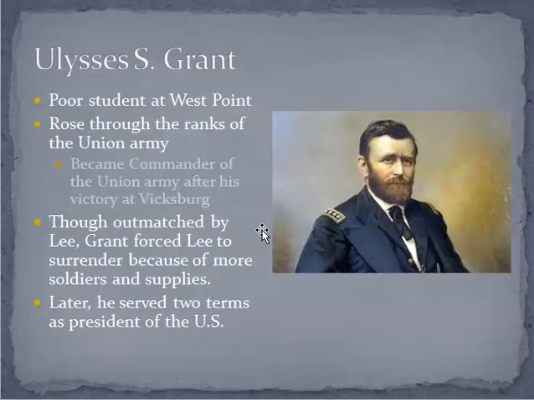And though he was generally outmatched by Robert E. Lee, Grant eventually forced Lee to surrender because Grant had the advantage of having more soldiers and supplies at his disposal. So he became this great war hero, and he used that celebrity status to rise his way to eventually becoming a president of the United States for 2 terms.